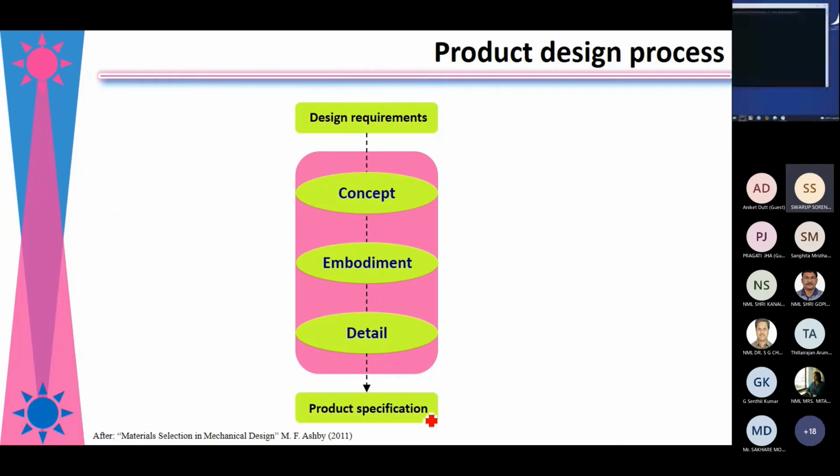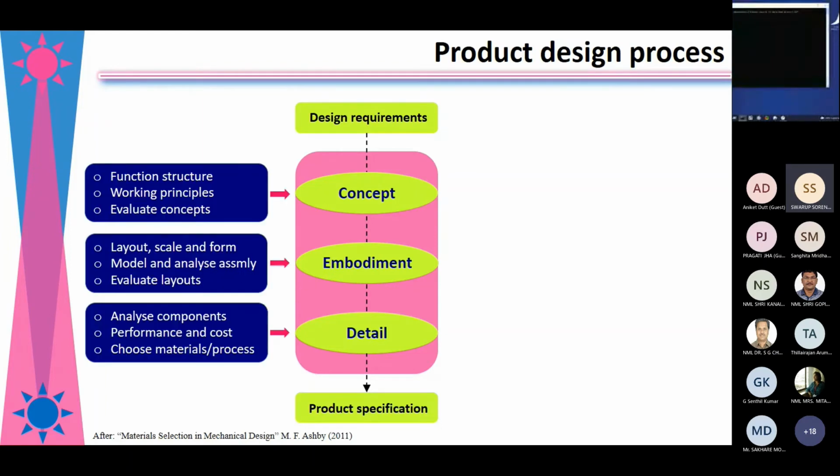So up to now we are not in production, we are in the design process, and what we do is, initially once we know what we require, we know what the function of the material is, what would be the geometrical constraints or material constraints, and what would be the working principles of the product, what different components are in a product, how they are going to function, and then you evaluate your concept based on the requirement of the market.